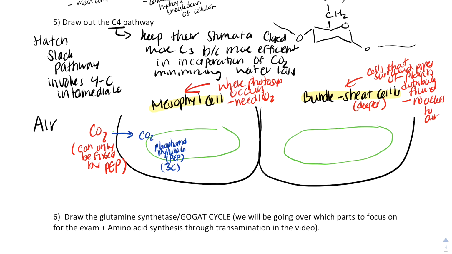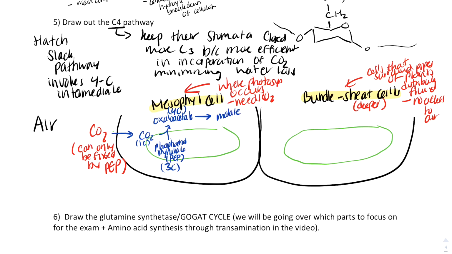So you have CO2, which is a 1-carbon, and you have PEP, which is a 3-carbon. And the two come together, and that's how they form oxaloacetate, which is a 4-carbon. And oxaloacetate converts to malate.